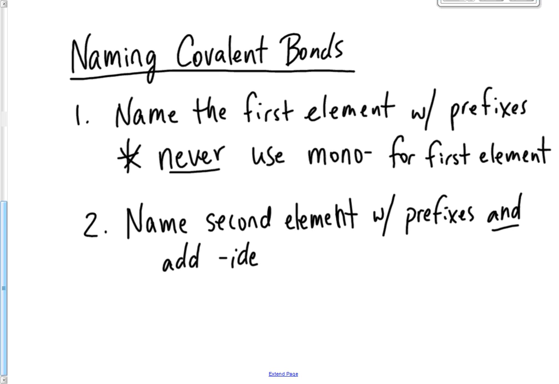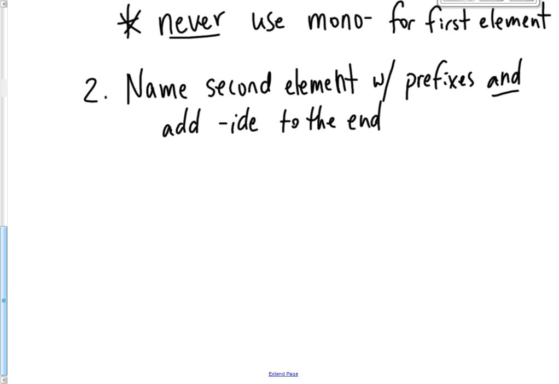Like ionic bonds with sodium chloride, magnesium fluoride, bromide, iodide. We're still using that suffix there at the end of the word.